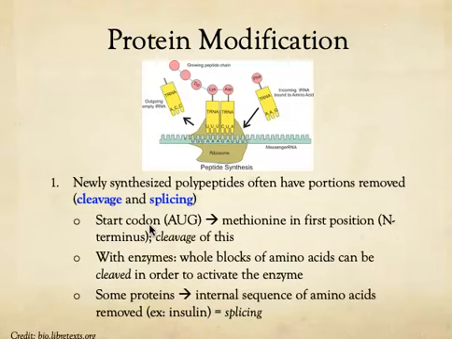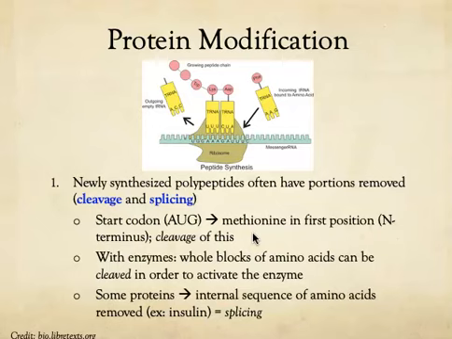Every single polypeptide has methionine as its very first amino acid, at least in the protein coding region. So methionine is in the first position, the number one position over at that N terminus of the polypeptide.